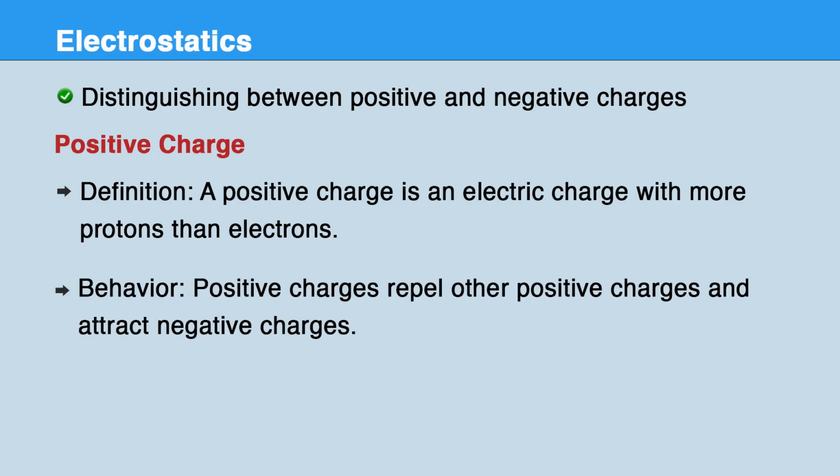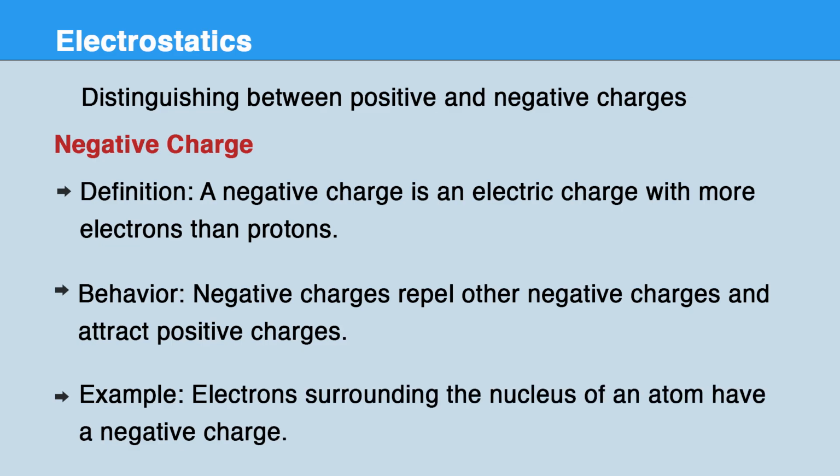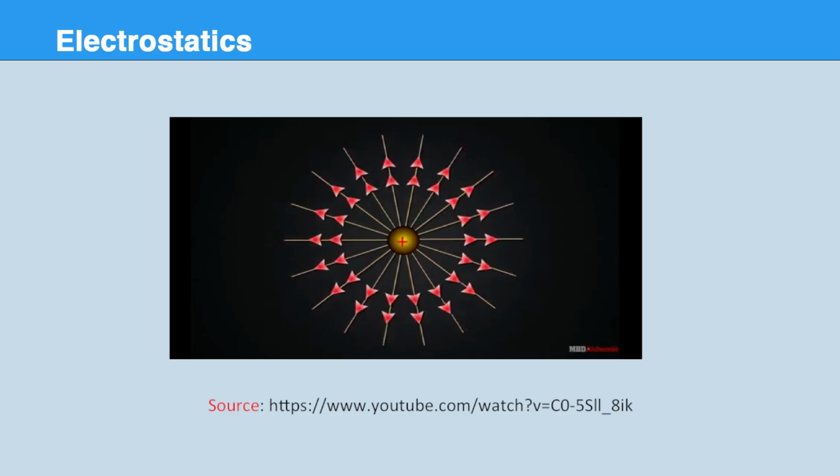Positive charge repels other positive charge but attracts negative charges, and negative charge repels other negative charge but attracts positive charges. These properties allow objects to exert forces on one another, and charge is quantified in coulombs. For instance, a single electron carries a charge of approximately 1.6 × 10^-19 coulomb.